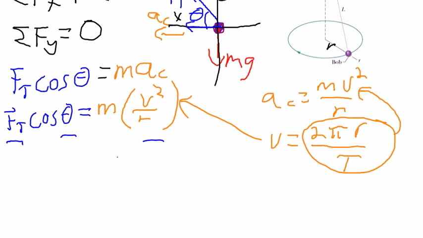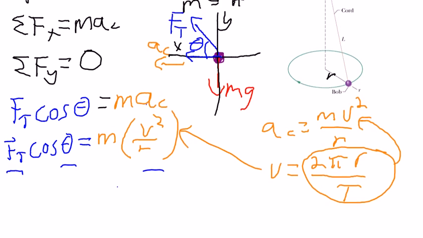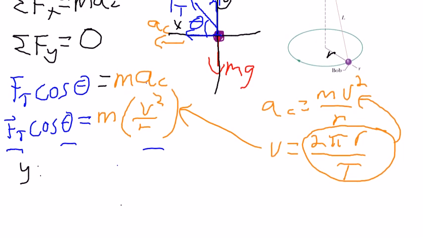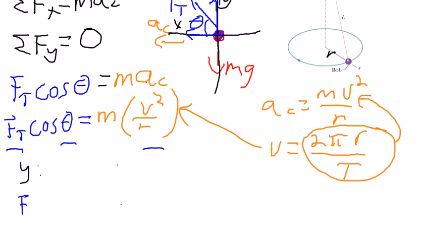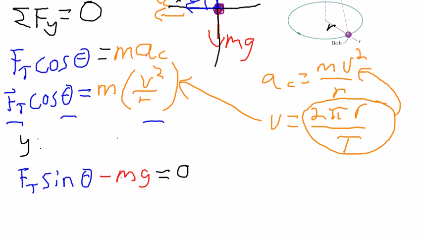So the sum of the forces in the y direction, looking at our free body diagram, in the positive y we have the y component of the tension, so that's Ft multiplied by the sine of that angle theta, and then we also have in the negative y direction the weight, so minus mg, and that equals 0.